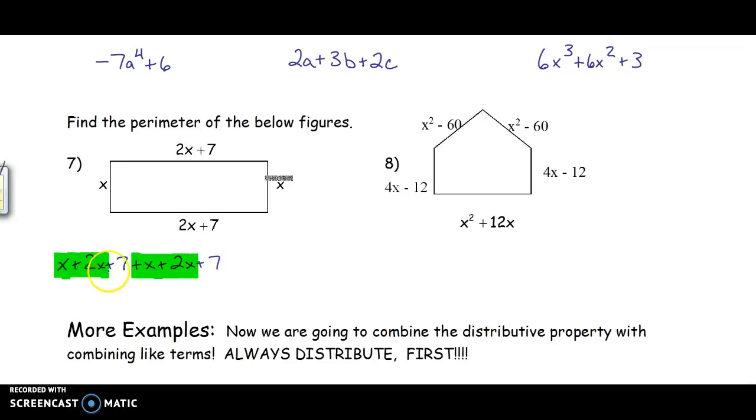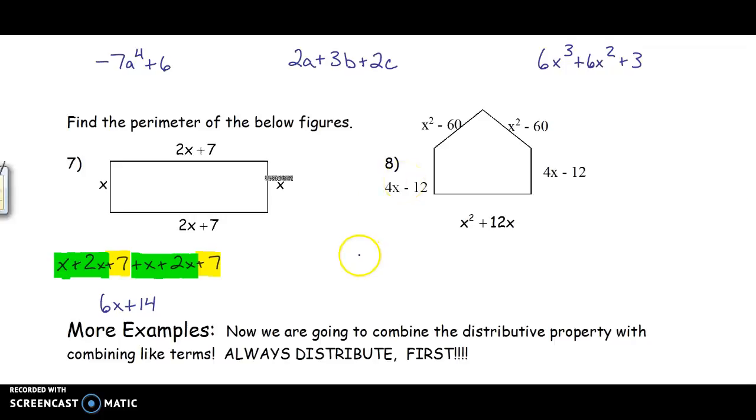So you have x plus 2x is 3x, plus x is 4x, plus 2x is 6x. And then lastly, you have 7 plus 7, so plus 14. Like I said, I know it gets a little tedious, but you're going to end up having an easier time when you rewrite it all on a line.